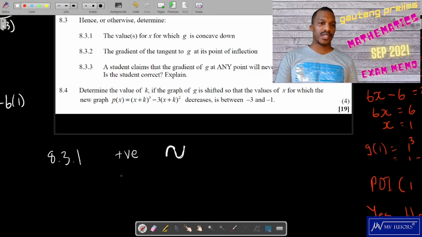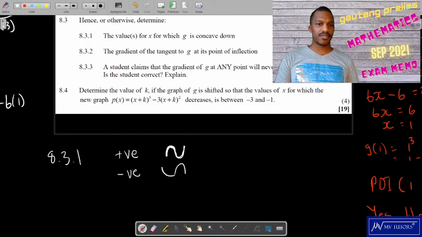Okay, and then a negative graph, it's not about how you start, it's about how you end. That's how I remember it. It ends with a sad face, but it started with a smile. Okay, so when they are talking about concave down, they are talking about it being sad, the part of the graph.